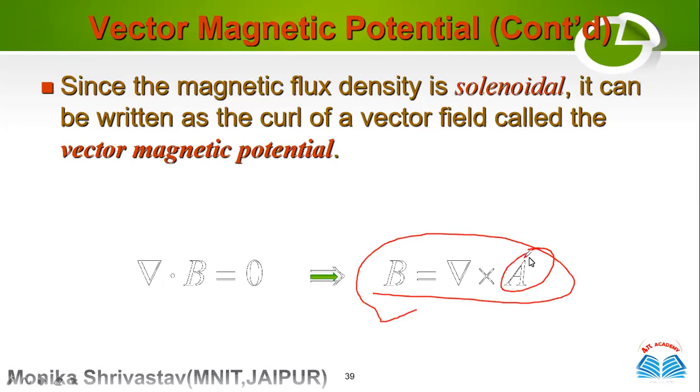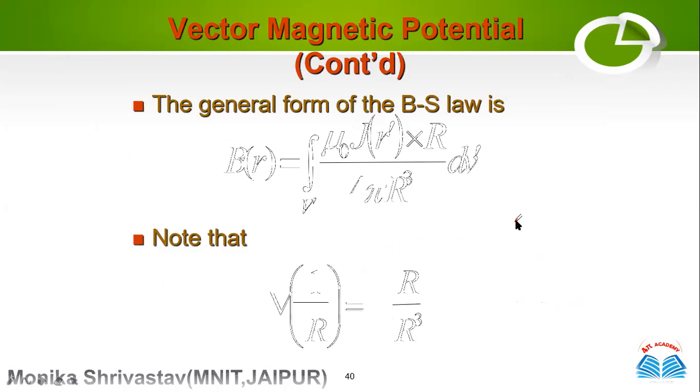If you are given this A and you have to find this B, you can find it easily. If A is given in Cartesian coordinates, then you use this del in Cartesian coordinates. If A is in spherical coordinates, then you use del in spherical coordinates, and so on.